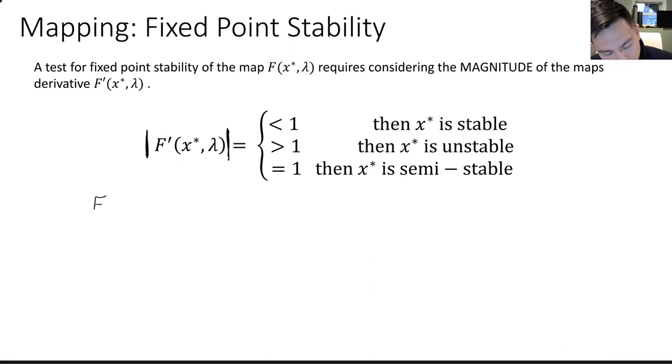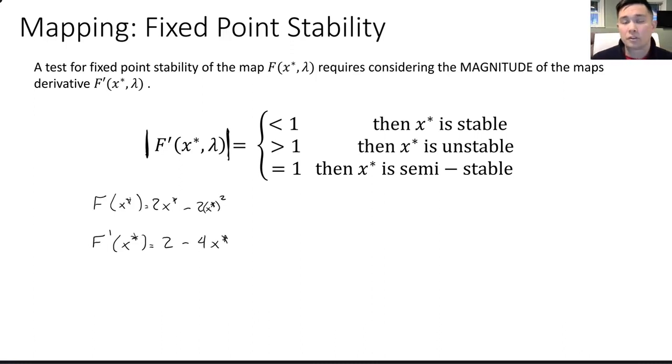So for our case, our f of x star is equal to 2x star minus 2x star squared. So our derivative of this would be equal to 2 minus 4x star. And so to determine the stability of each fixed point, we would plug the fixed point position, x star, into this equation.